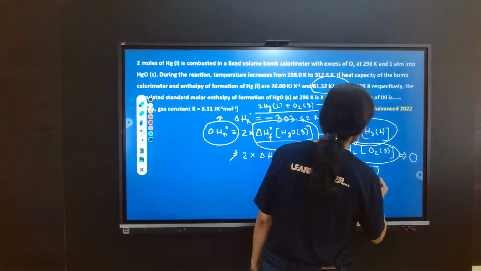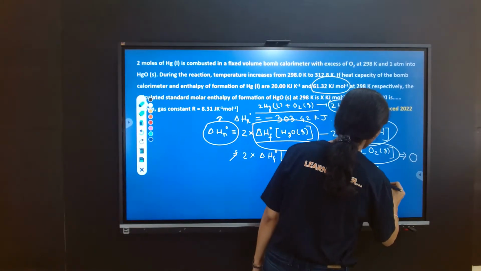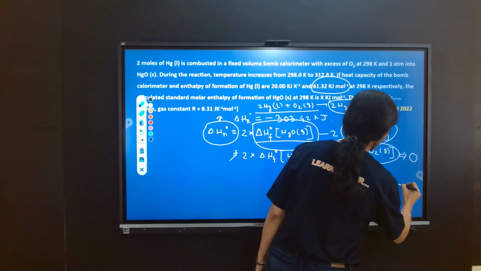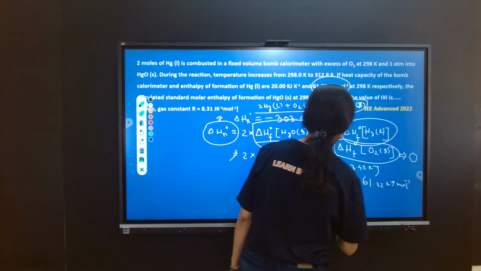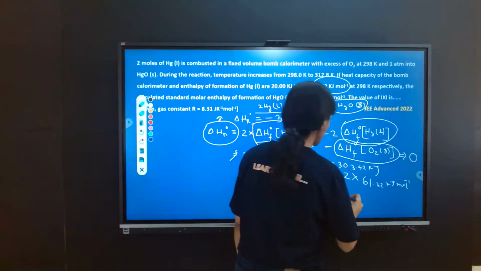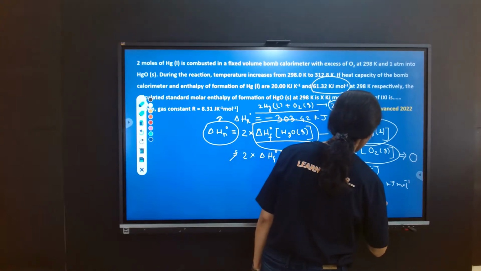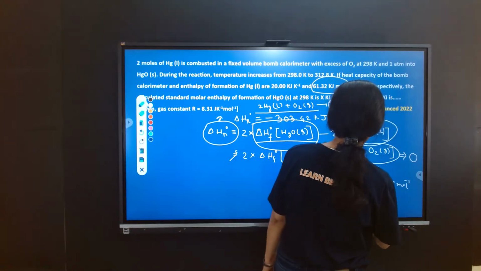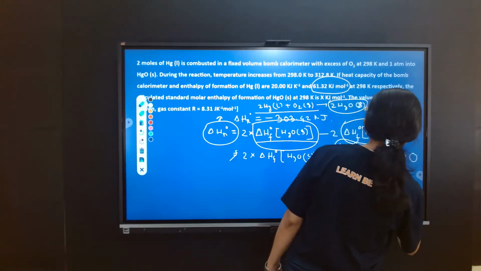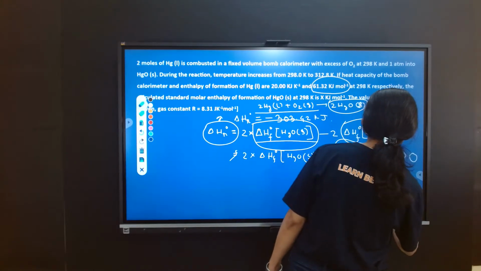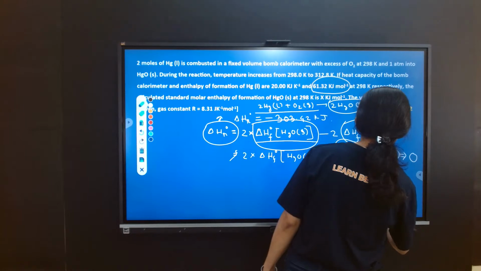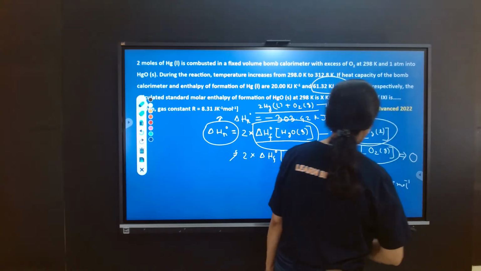So 2 times 61.32 kilojoule per mole is giving you minus 303.42 plus, we have to multiply with 2. So this is giving you 122.64.